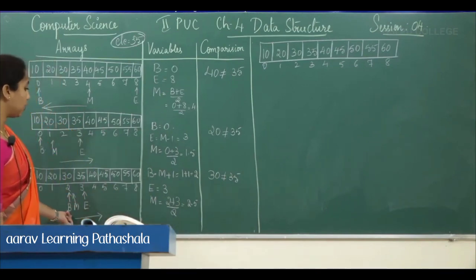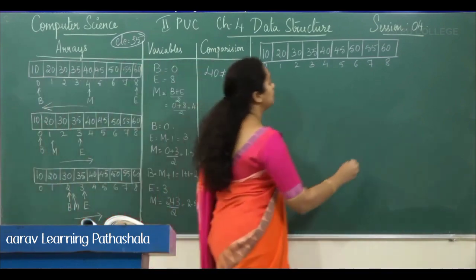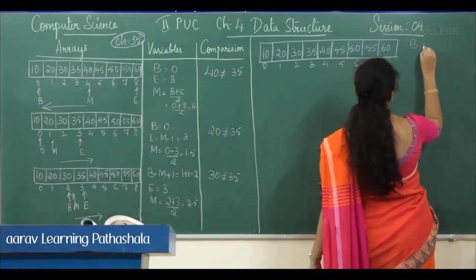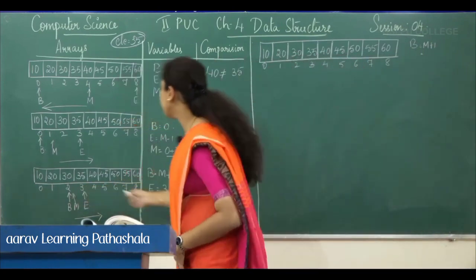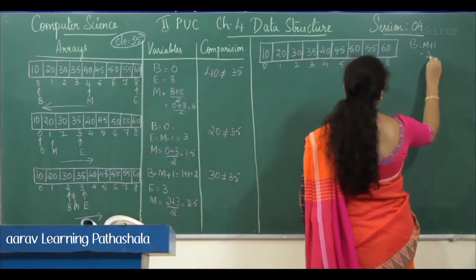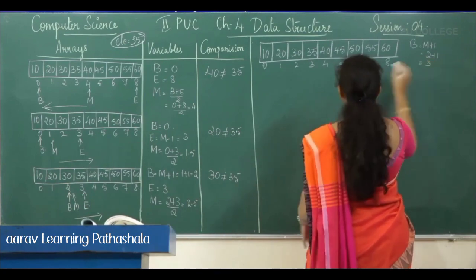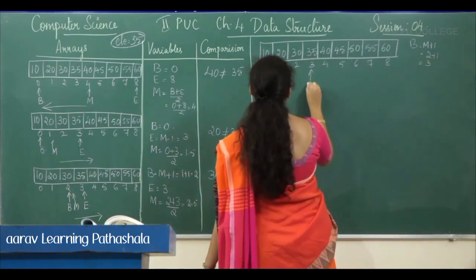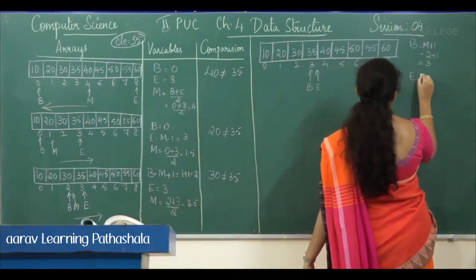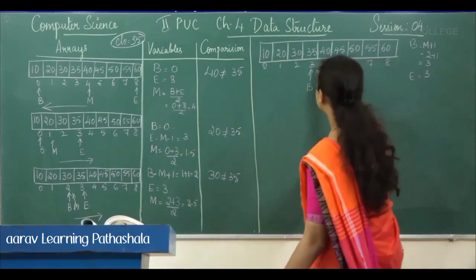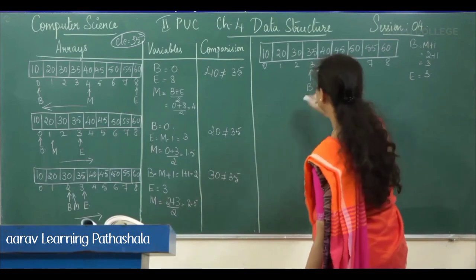The beginning is equal to m plus 1. B becomes m plus 1. What is m here? m is 2. 2 plus 1 is 3. So 3 is our beginning, and the third position itself is our end position.